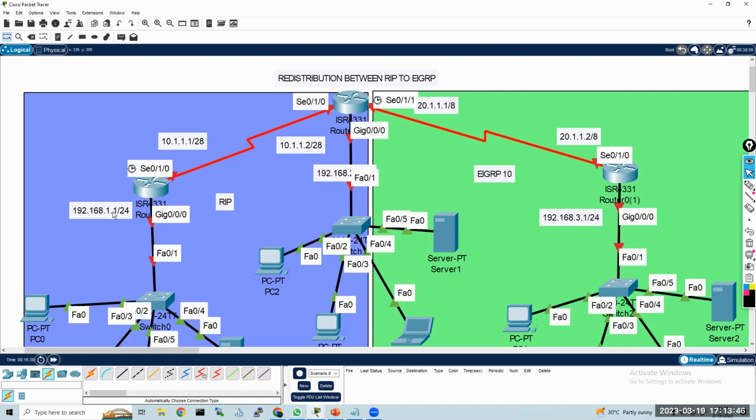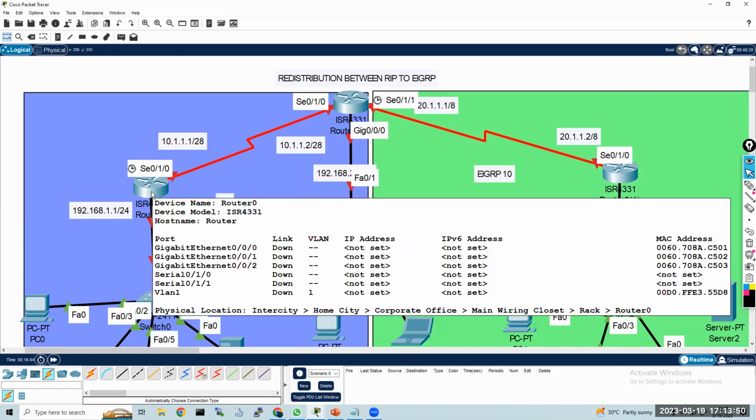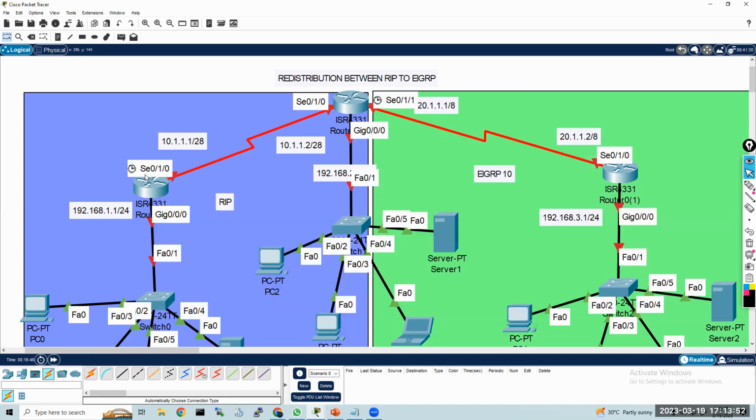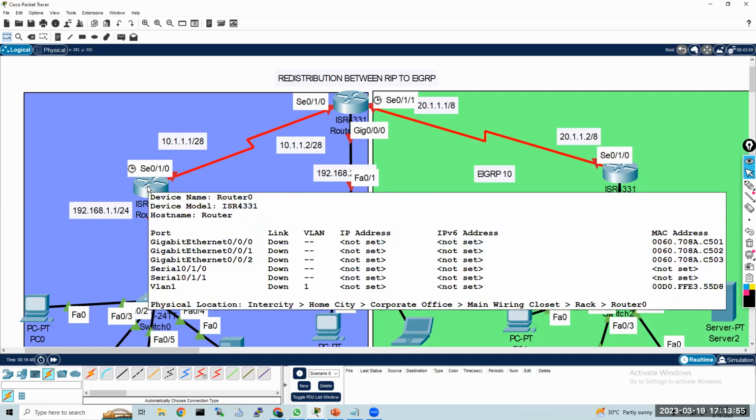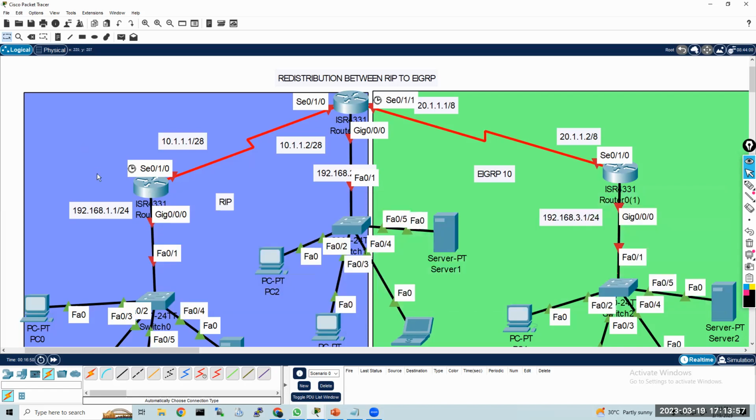Don't get scared, guys, because you people are learning. I am double clicking the router, but it's not opening. Try to right click and then it will give you the list. I'm right clicking, but I'm not seeing anything.